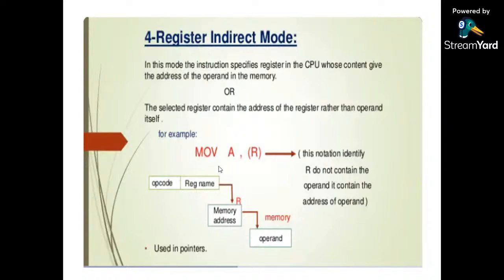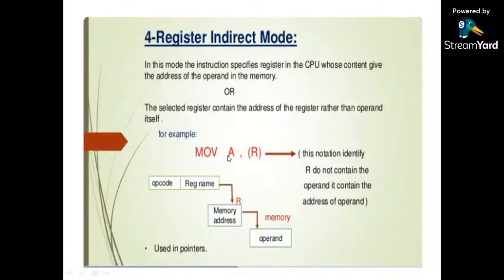Let us see it by an example. Move is the opcode. We are almost very clear on this thing that move is the opcode. Then source comma destination. So what we need to do is move the value of A to the address which is stored in the register R. Here A is the memory location where one value is stored.